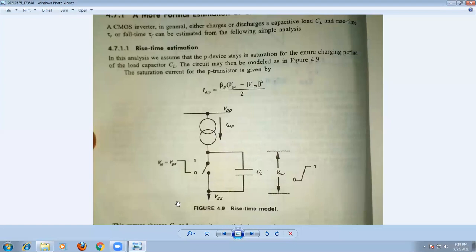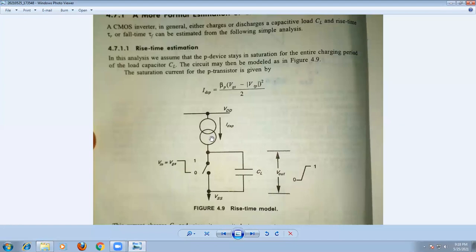The main thing is, at what input voltage is the pull down transistor off and the pull up transistor on? Assume the input changes from high to low. Then the pull down transistor is in the off condition, VGS goes towards the zero level, so this transistor turns off and the other transistor turns on.